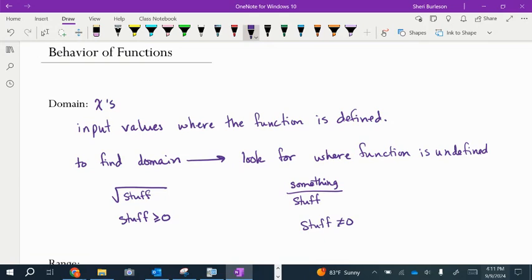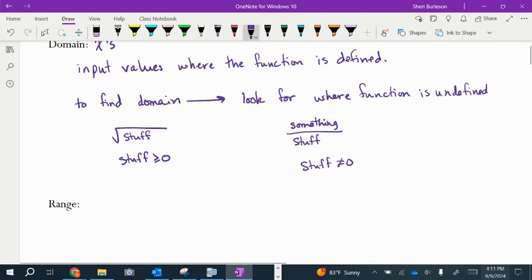So when I have a function and I'm asked to find the domain, what we're really looking for are any exclusions from the domain. Any place where the function would not be defined, everywhere else is part of the domain. Anywhere the function is not defined is not in the domain of the function.